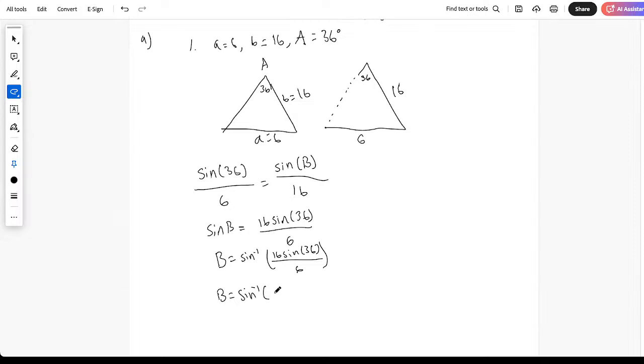Okay, that's 1.56747. That's way further out than we need to take it, but that's okay. Inverse sine of 1.56747. This is domain error again.